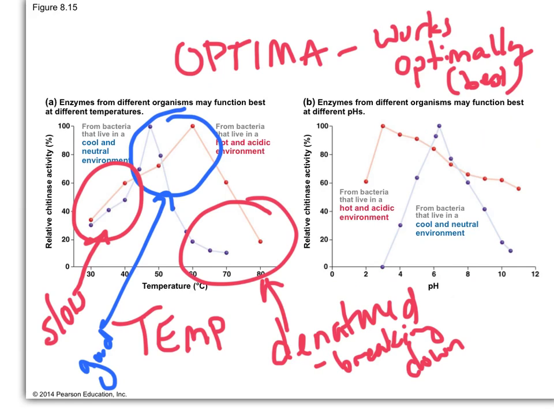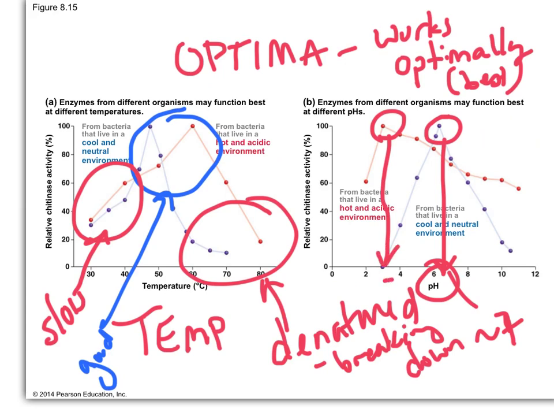Similarly, with pH, if you look at the right panel, some enzymes have, like here, this enzyme has an optimum around pH 7. The red one has an optimum around pH 3, and above and below that, you see they both drop off pretty quickly.